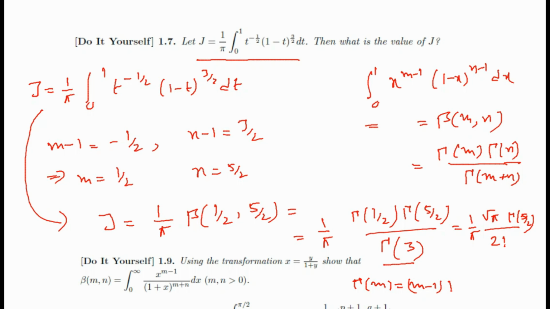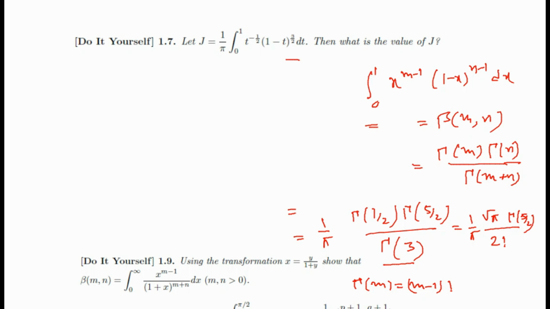Now we need to clear the board. J equals 1 by pi into root pi by 2 factorial, meaning 2, and gamma 5 by 2. Now we will use the formula gamma m equals (m minus 1) gamma(m minus 1).